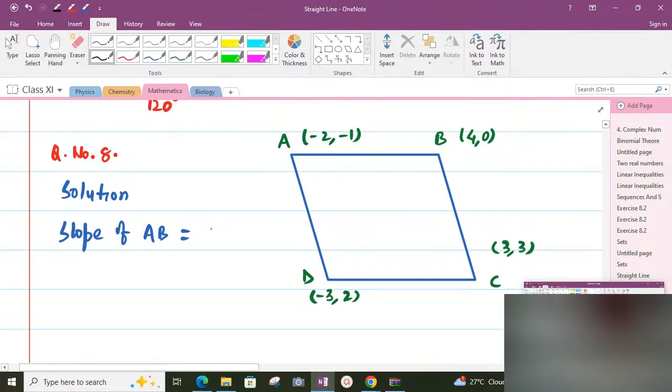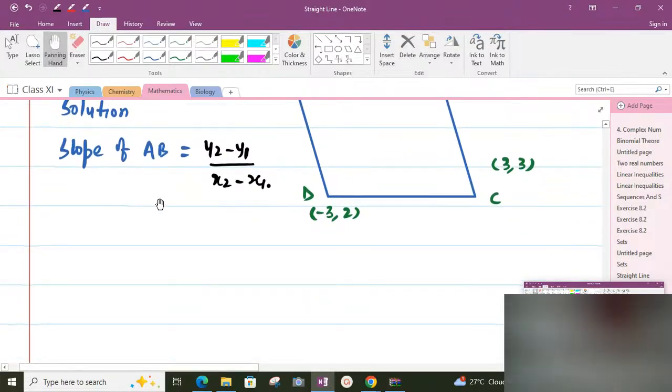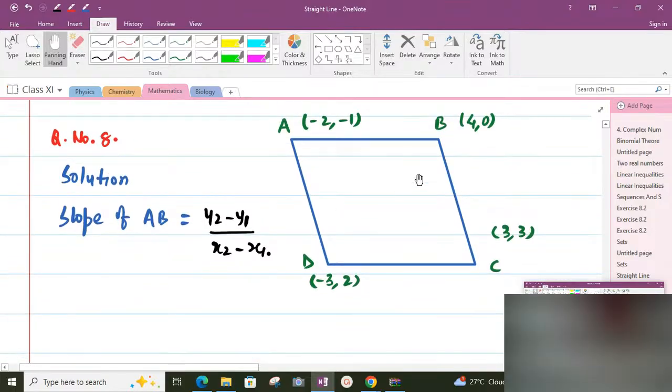So we recall the formula: y2 minus y1 by x2 minus x1. So here y2 is 0 minus -1, so 0 plus 1, by 4 minus -2, which is 4 plus 2, so we get 1 by 6.